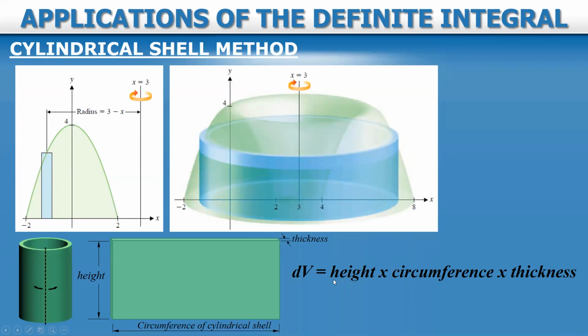So determine the height, then the circumference, and then the thickness. That's the volume of a differential element using the cylindrical shell method.